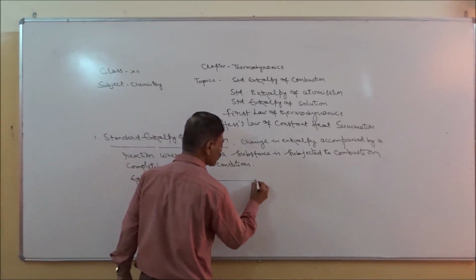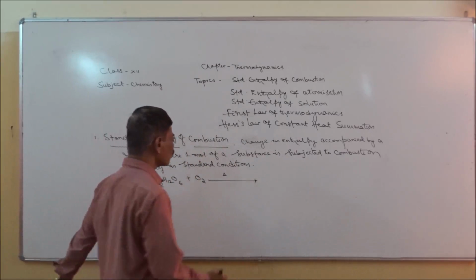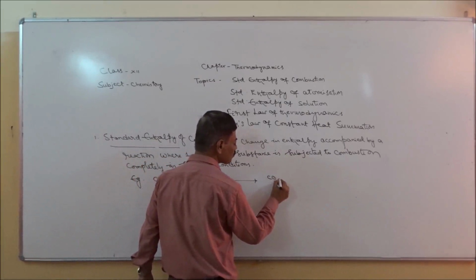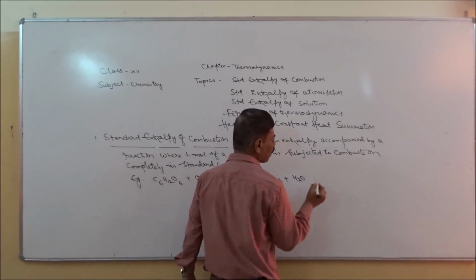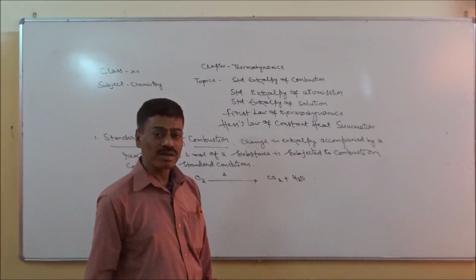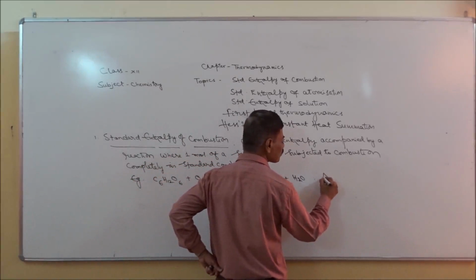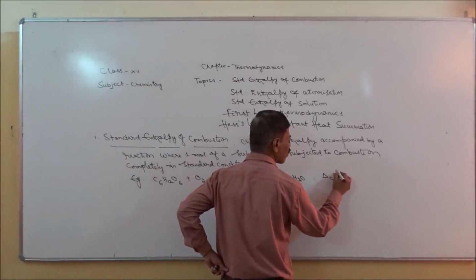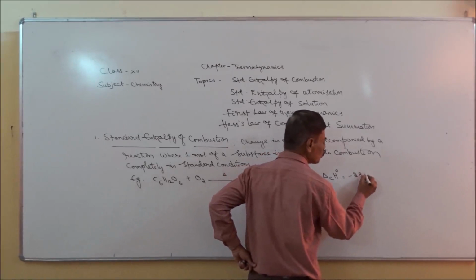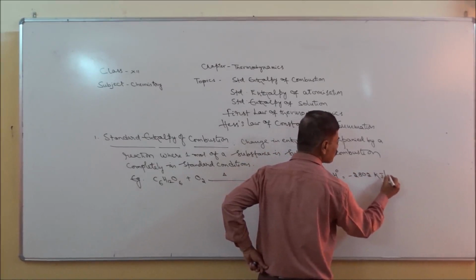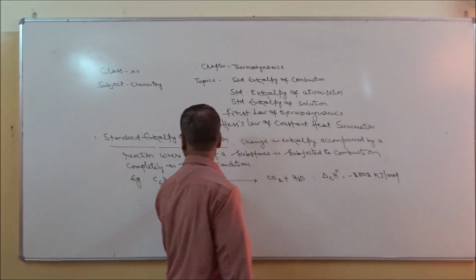Supporter of burning is oxygen. Then we will get carbon dioxide and H2O in this reaction, and standard enthalpy of combustion is symbolically represented by delta C H naught. This is equal to minus 2802 kilojoules per mole. This much amount of energy is released in this reaction.